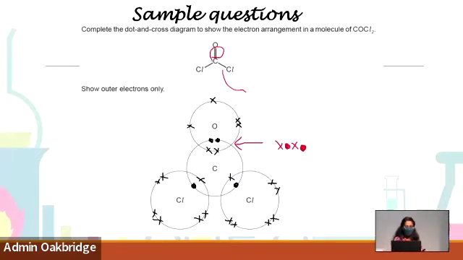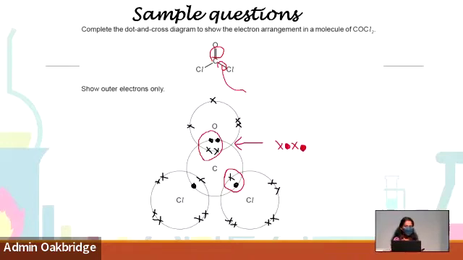So if you notice, when I'm having a single bond here, I'm sharing 1 pair of electrons, in the sense that I have 2 electrons. 2 electrons means 1 pair. But here, I'm sharing 2 pairs of electrons, which is 4 electrons.